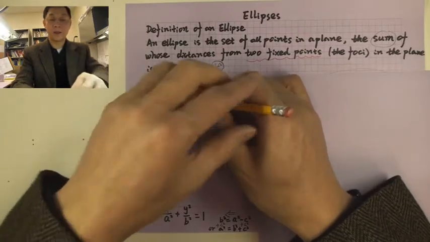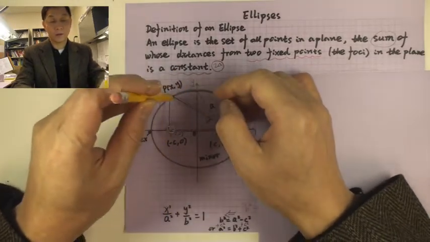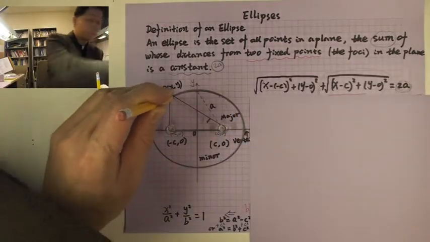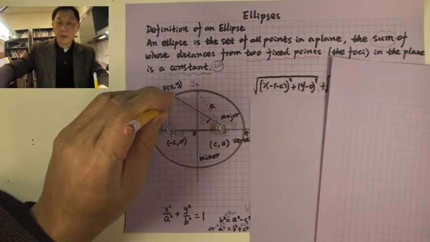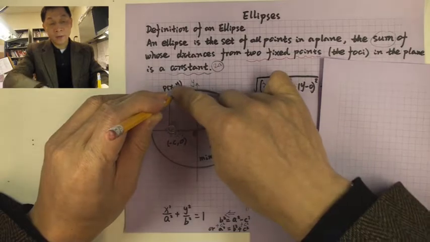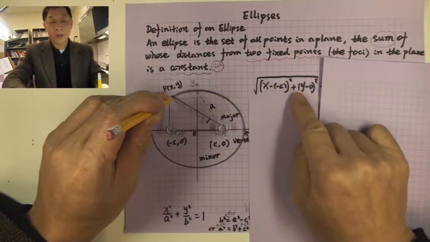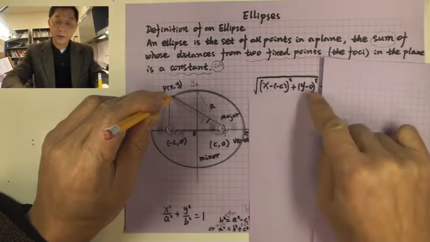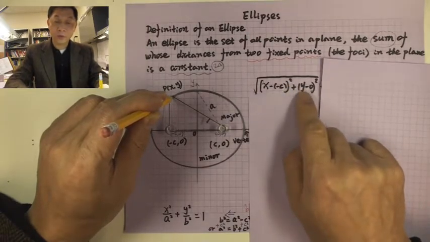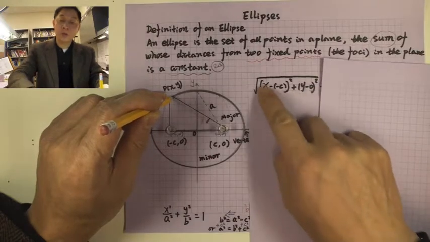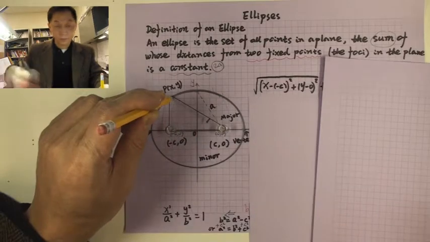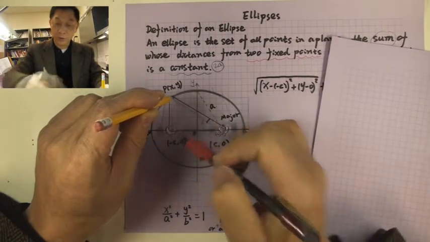How to calculate that? Between P and the left focal point, that's x minus negative c squared plus y minus 0 squared. Then take the square root. That's the distance between this point P and the left focal point.